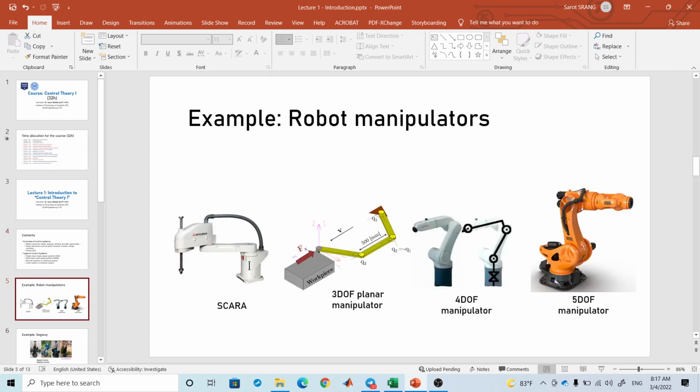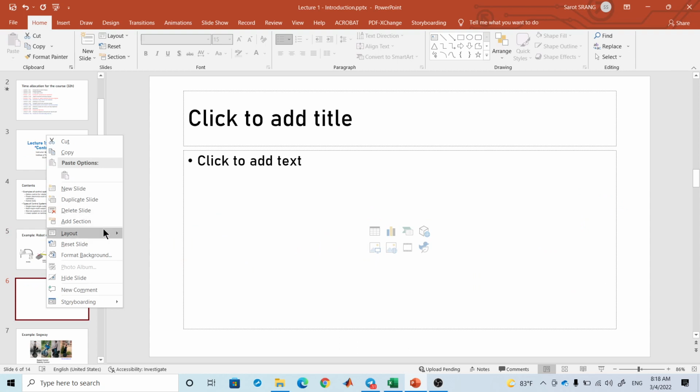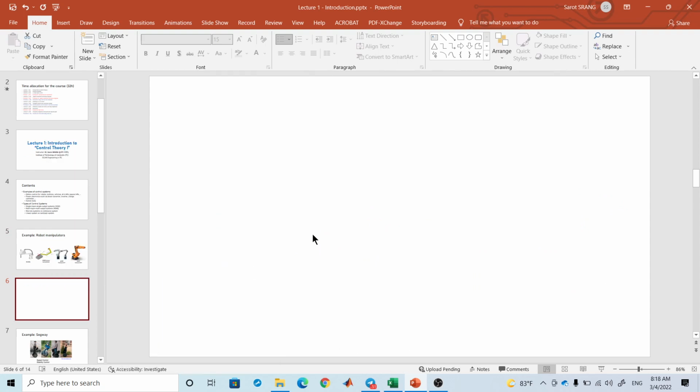So first, let's see some examples of a control system where you can find its application. So, application in motion control for robots. Motion control means how you can control the joints of the robot to move to the right angle. Let me give more detail on the example. Actually, control systems are very close to a robotics course, because robotics is one part and control is another part.